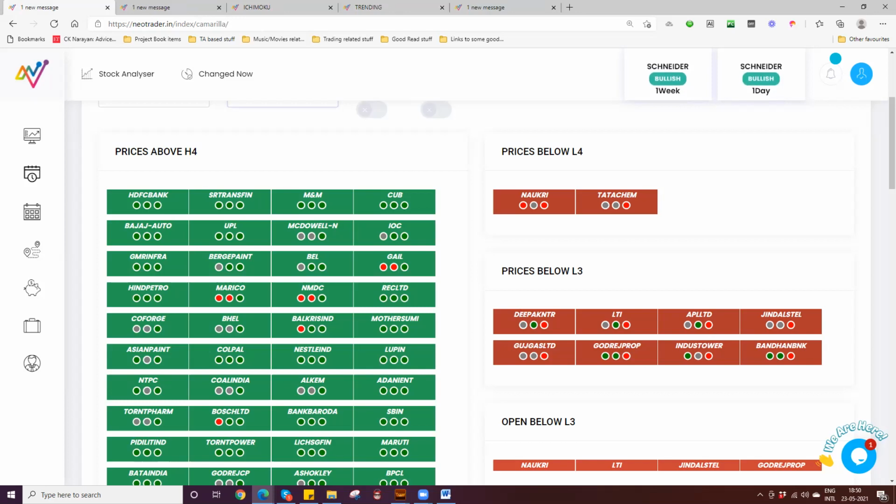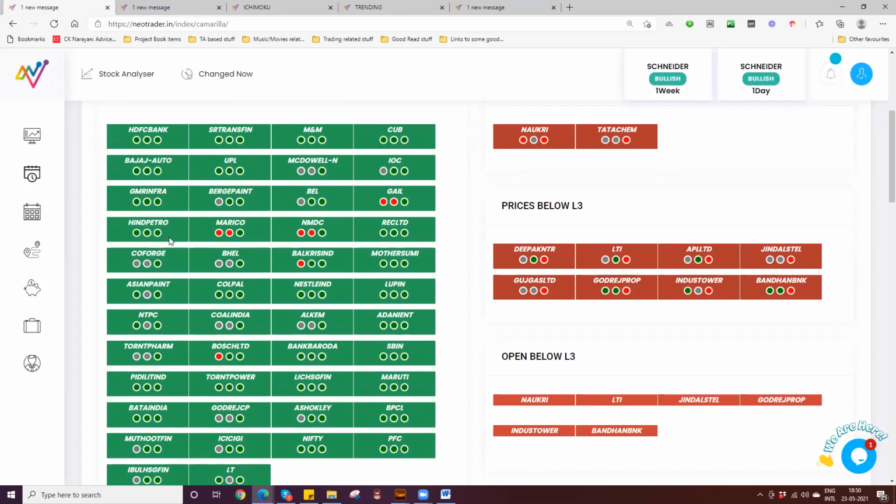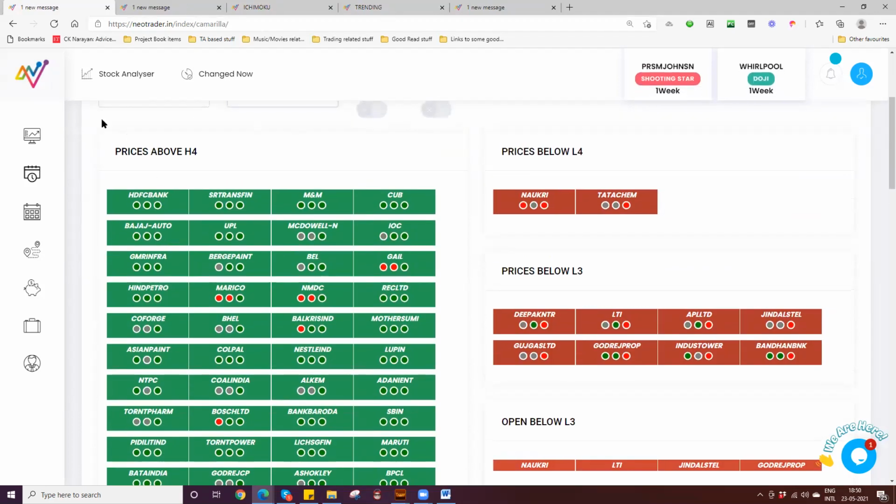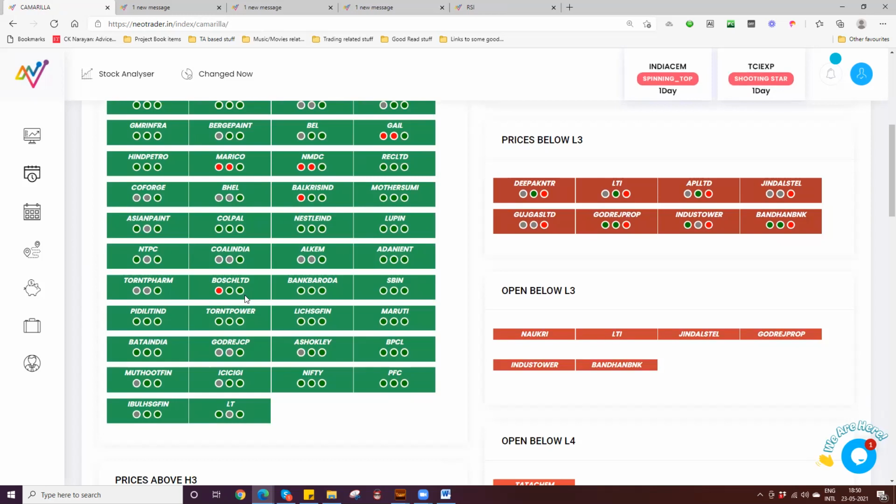So therefore, when you invoke the software to give you stocks which are above H4, for this example, we are going to look at bullish stocks only. In any case, the market has closed well on Friday, so we expect next week to be bullish. So here it goes. Price is above H4. So then you get a bunch of stocks here, right?